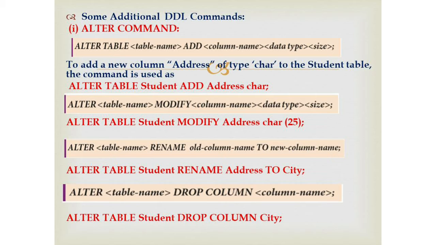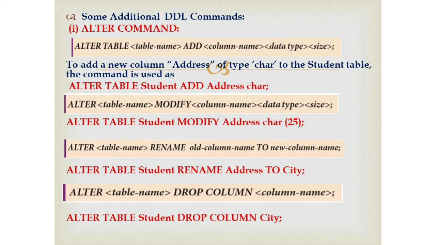For example, to rename the column, address is a column. Now you are going to change that address to city. For that, ALTER TABLE, the table name is student, RENAME address, this is the old name of the column, TO city, the new name. By using this, the address column will be renamed to city.